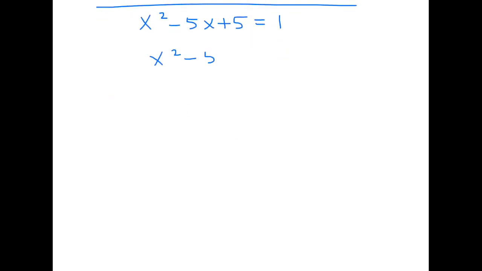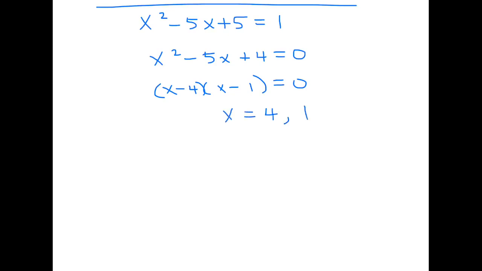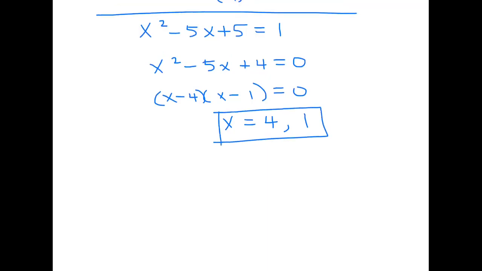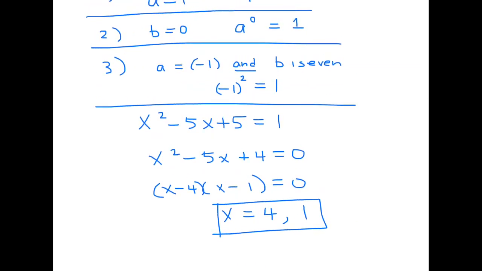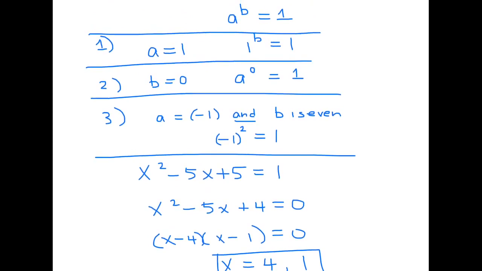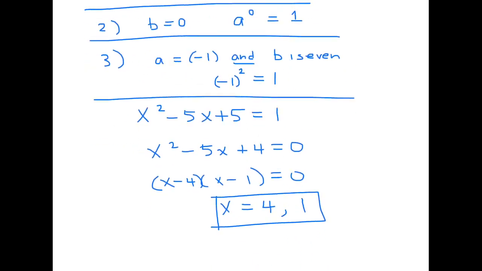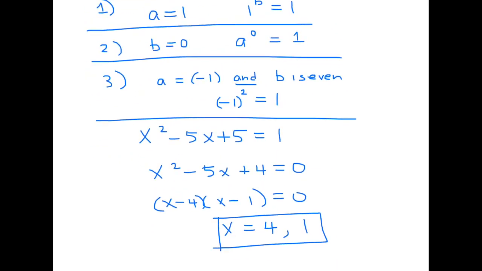So we got x squared minus 5x plus 4 is equal to 0. Can we factor this? I think so. (x minus 4)(x minus 1). There you go. So x is equal to 4 and x is equal to 1. All right? So these are the values of x for which we make a equal to 1. So we've got 2 solutions so far.